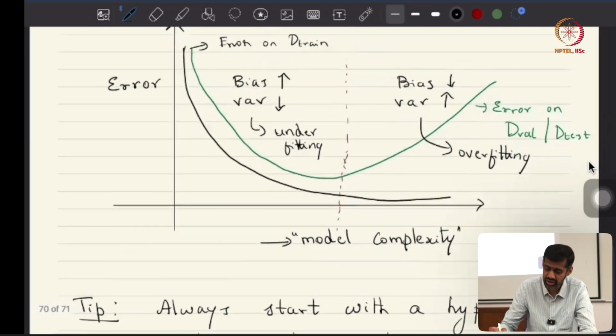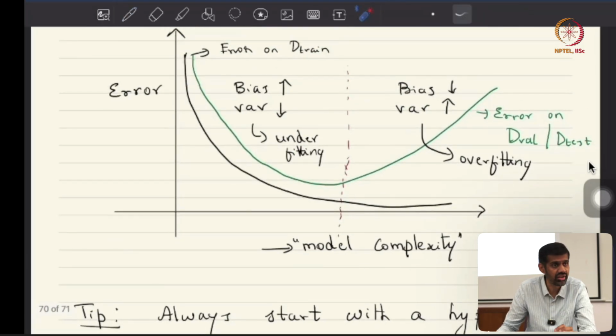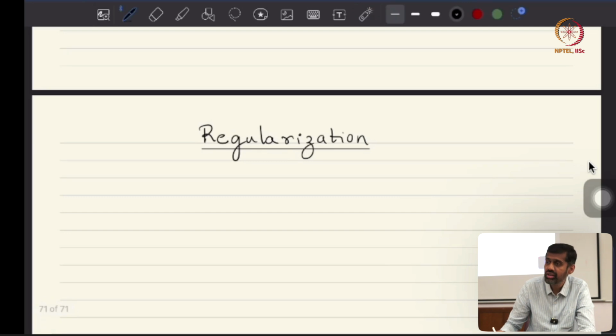I told you in the last class that typically what is done is that you start with an over parameterized model, overfit the data and then increase the bias, push the model back, so that you reach the ideal operating point. Any technique that is used to increase the bias of a hypothesis is referred to as regularization.